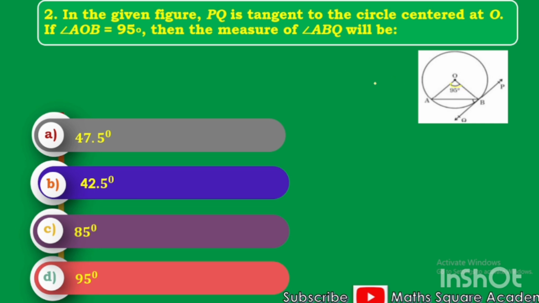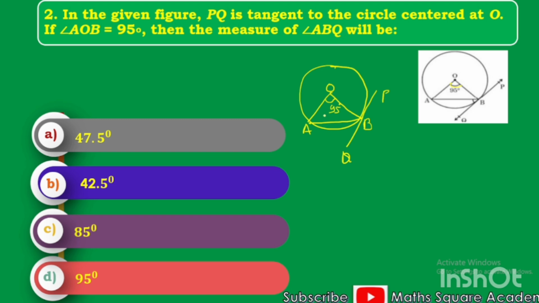Here I will draw the diagram again because it is not properly visible. So this is the diagram, this is the tangent, this is Q, this is P, this is B. This is the center O, this is A, this is the chord. This is given as 95 degrees, right?